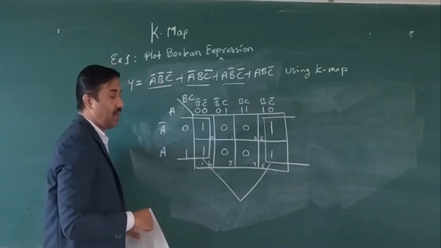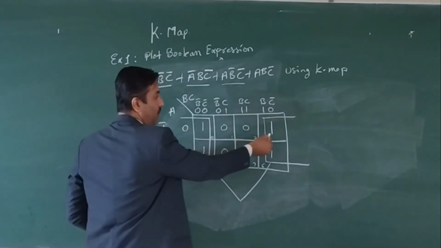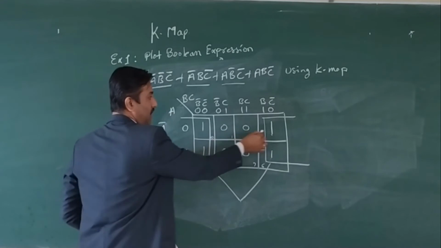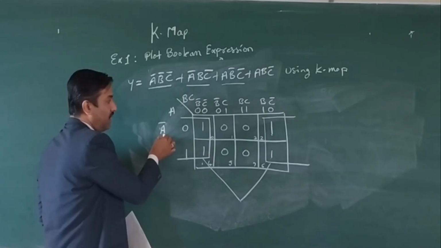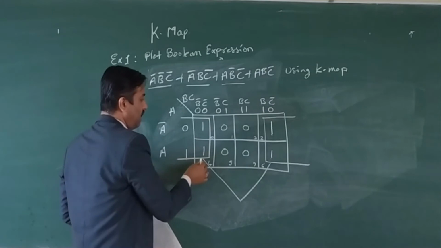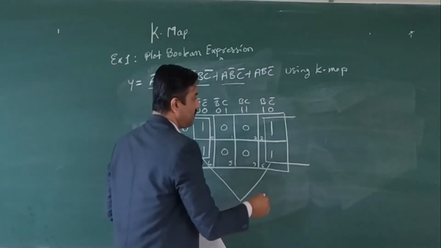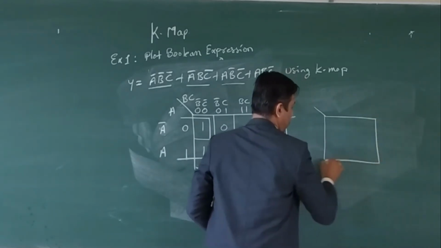Now, as this one and this one are adjacent to each other, you look here. What is the value? It is A bar. So we have it like this. I will show you a small graph.